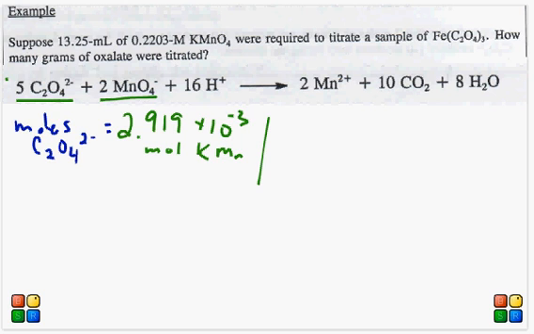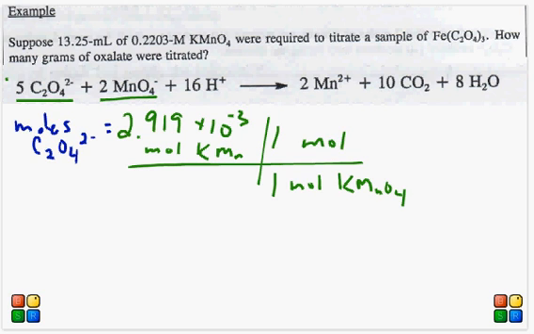In all technicality, you need to convert from KMnO4 to the permanganate, because even though this is a perfect 1-to-1 reaction, in other cases this ratio is against the ions, not a compound to an ion. So we have the KMnO4 to MnO4, and then you convert using that ratio. You see this 2 ratio against this 5 ratio.